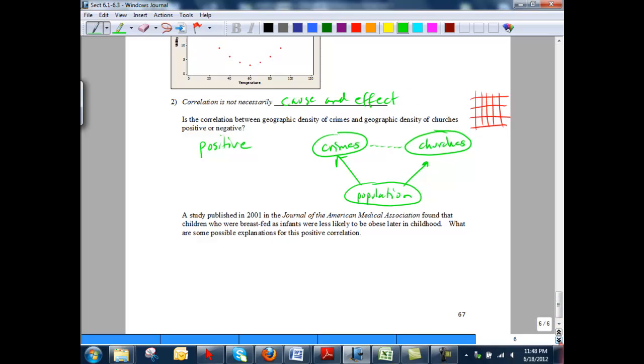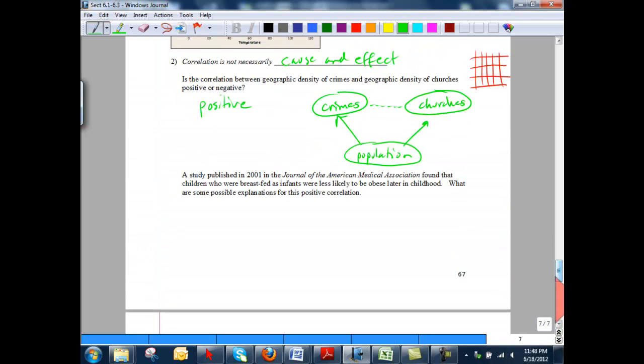Here's another example. A study published in a very famous medical journal found that children who were breastfed as infants were less likely to be obese later in childhood. How could we explain this positive correlation?